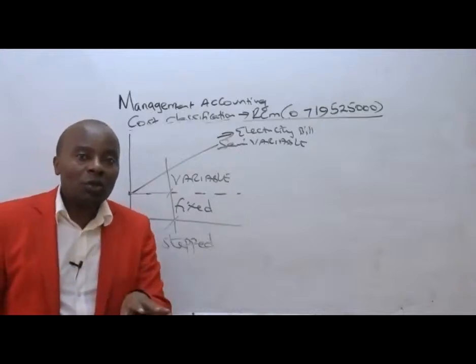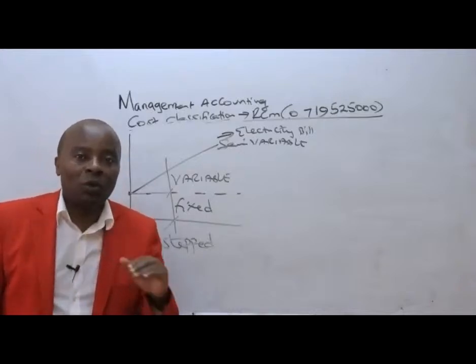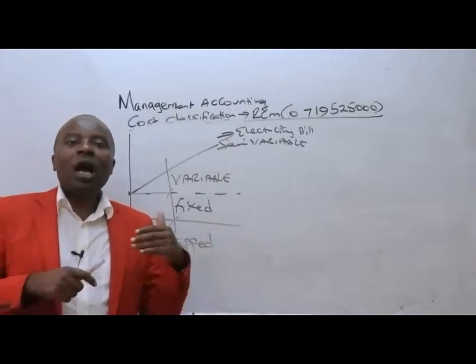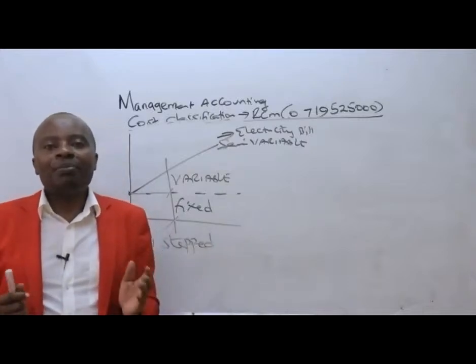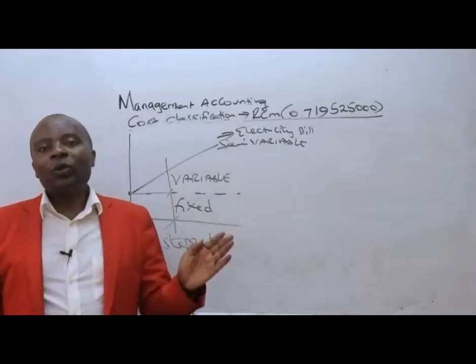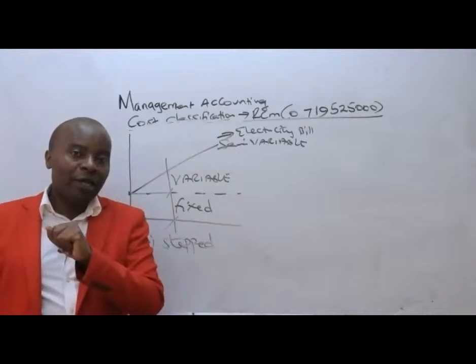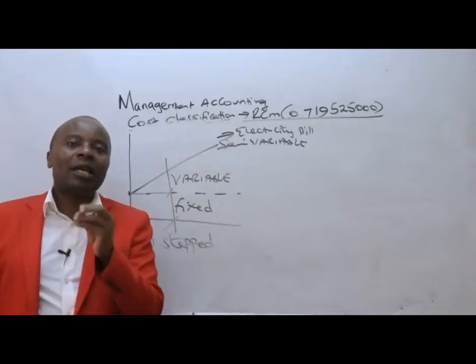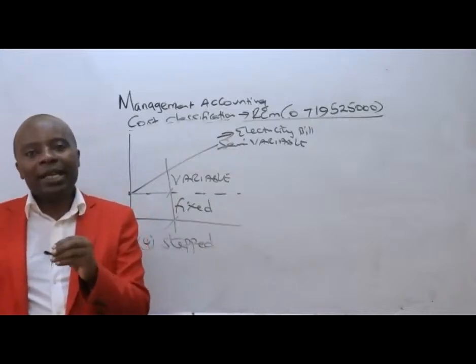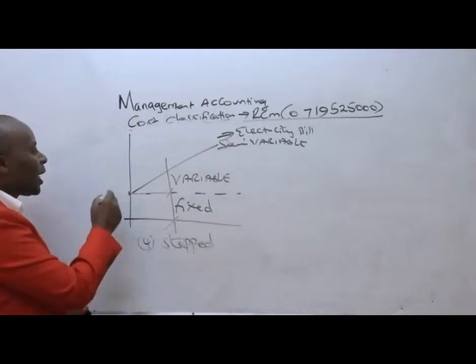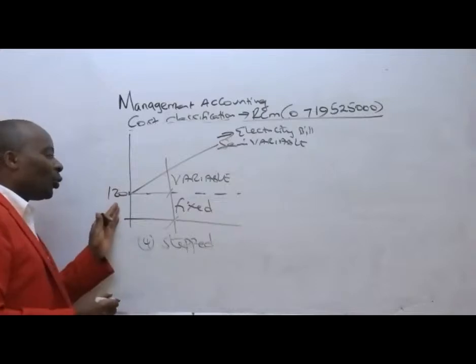Even if you close your house and go to Dubai for a holiday and stay there for a whole year, when you come back, you will never get your electricity bill being zero. You will get that 120 for each of the months that you are away, waiting for you. It's like a meter rent. Very important for us to appreciate that: electricity cost can never start from zero, it starts from about 120.